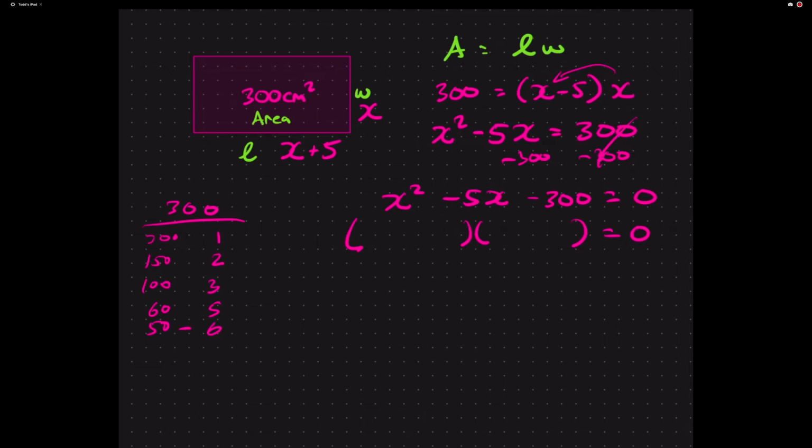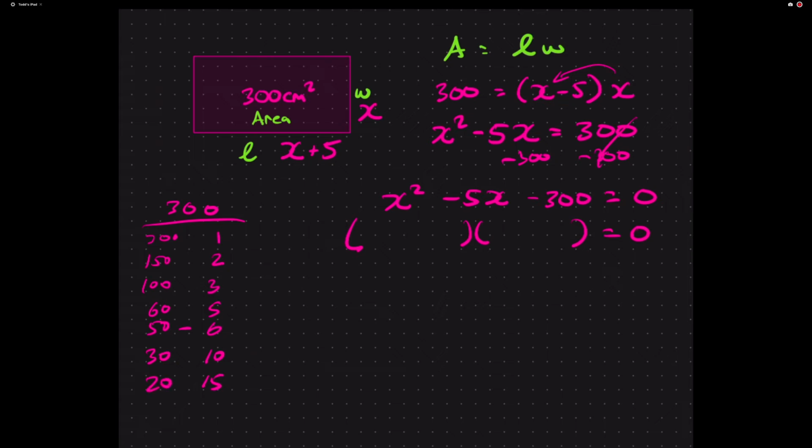So let's try 10. If I was to have one of the factors as a 10, the other one would be 30. And again, this still doesn't work out because 30 minus 10 is 20. So what if I made a 15 right here? So 300 divided by 15 is going to be 20.